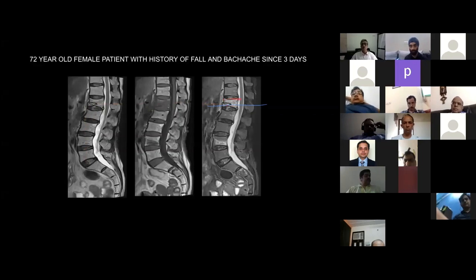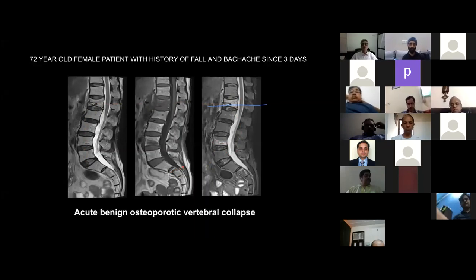Edema is seen on the STIR sequence, which makes it an acute compression injury. Marrow edema is also seen in L4 with mild compression. Fracture of the S2 segment is also visualized. So this is a case of acute benign osteoporotic vertebral collapse.